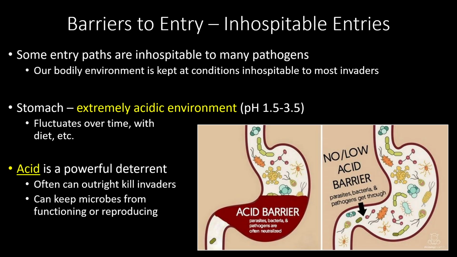And so this highly acidic environment is a really good deterrent for a lot of living things that would otherwise really like to make their way into your intestines. A lot of potential invaders can be outright killed when they're exposed to this acidic environment, and so it can be a really good form of control.